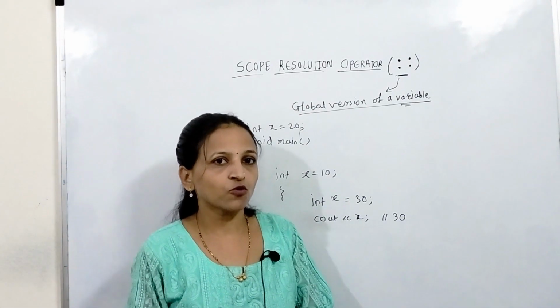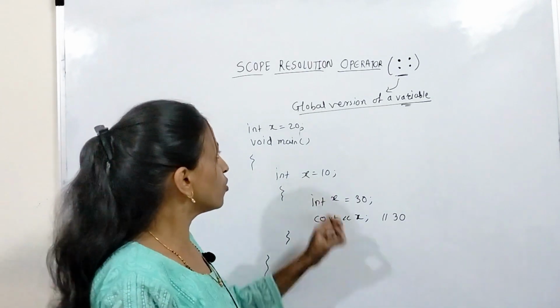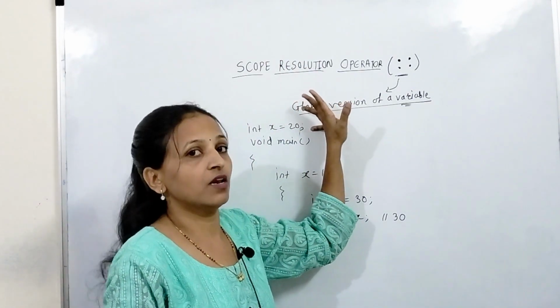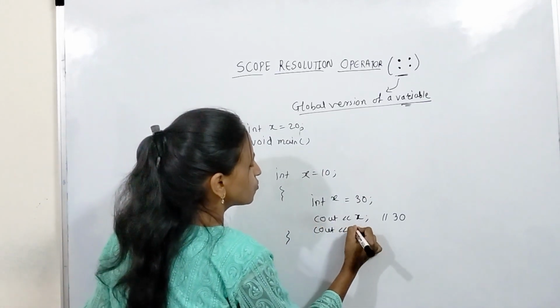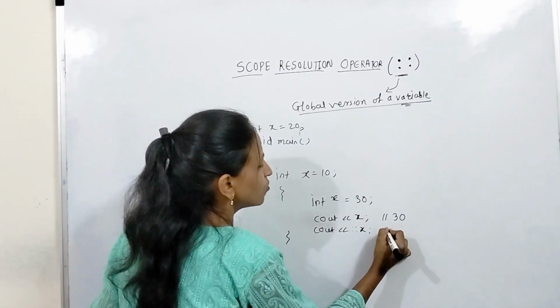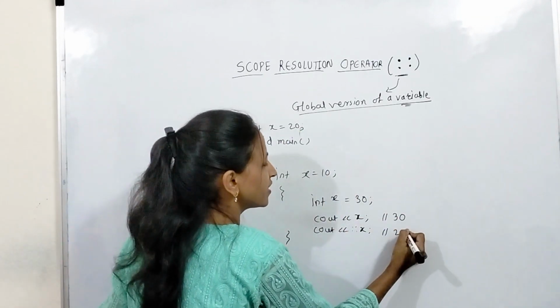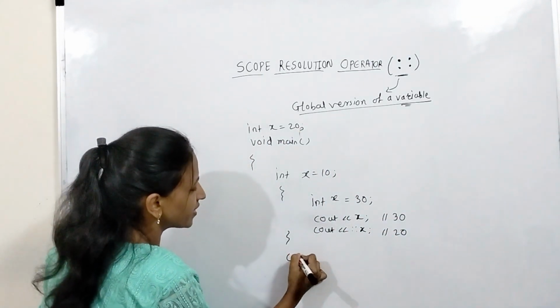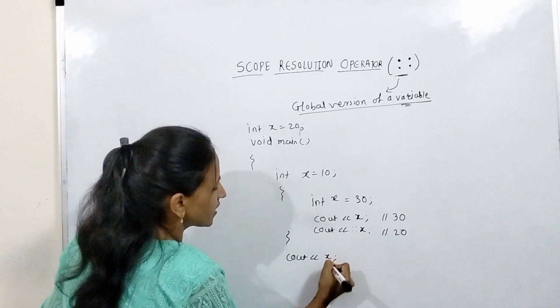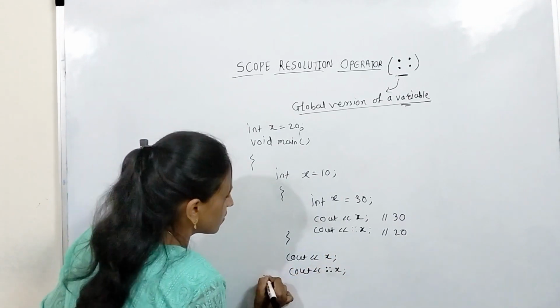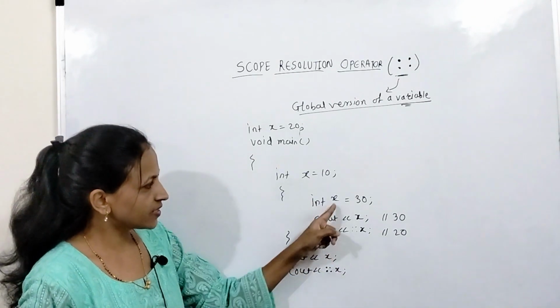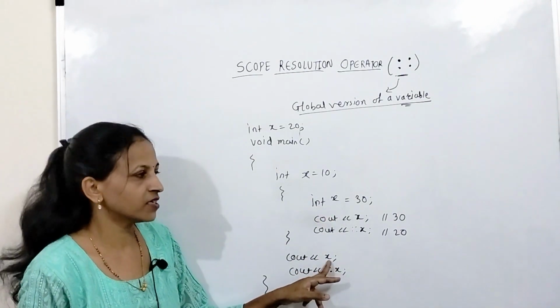With the help of scope resolution, you can access only the global variable. Keep that in mind. Now if I write cout scope resolution x, then of course we will get output 20. Here also, if you write cout x and cout scope resolution x, just see the output.